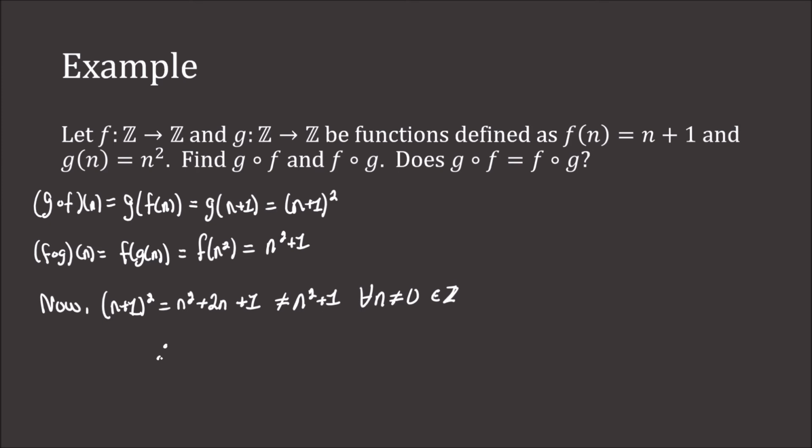Now, in order for functions to be equal, they have to be the same for every possible value. So this means that g of f is not equal to f of g.